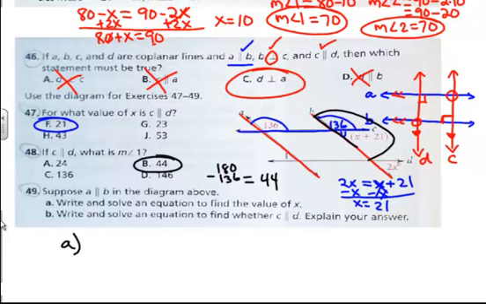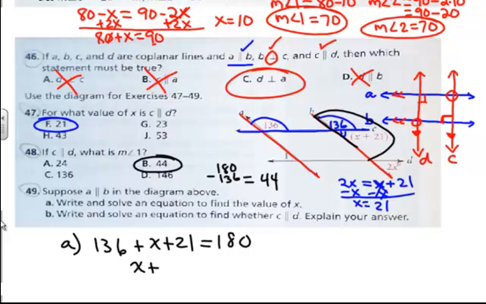So for letter A, 136 plus x plus 21 would have to equal 180. Alright, let's solve this. 136 plus 21, I have to add my like terms.